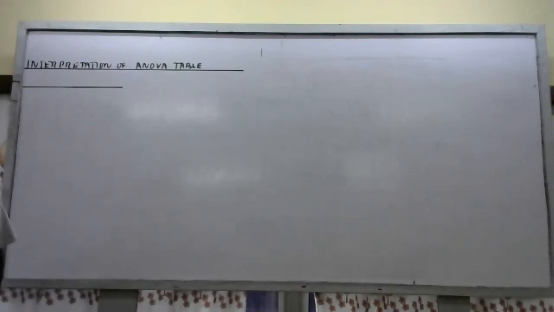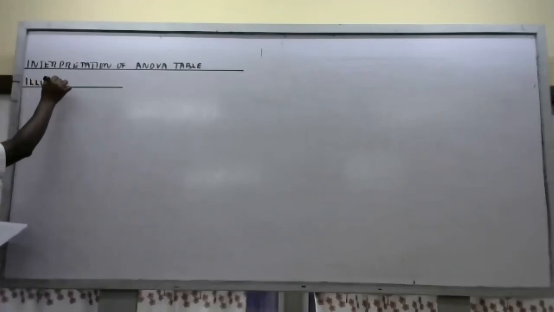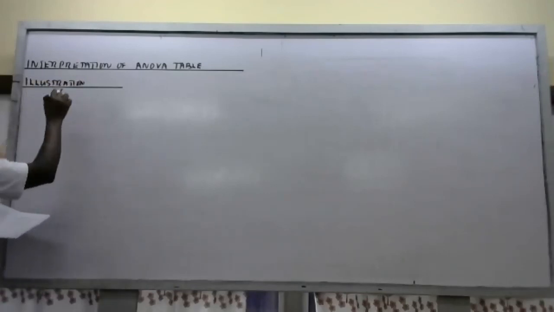Now, ANOVA table is what you get when you solve a regression using a computer. So, I want us to have an illustration here.